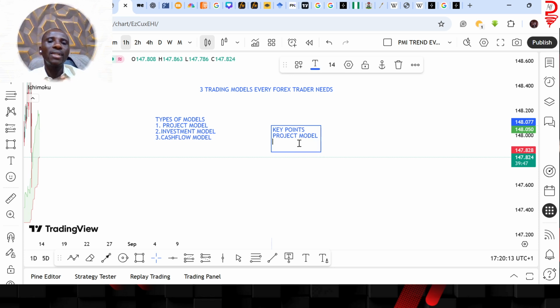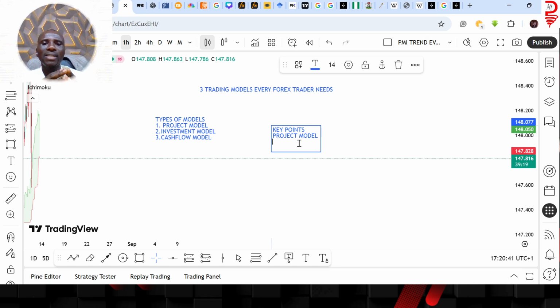For instance, let's say you have a trading capital of 5 million naira, and of course, you have divided your trading capital into three. You now have the 5 million in your project account. So you will be trading this project account with the mind that the money there is for a particular project, and you are expected to trade it with a relaxed mindset.